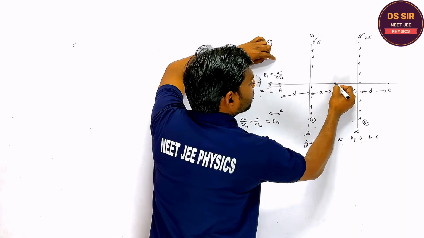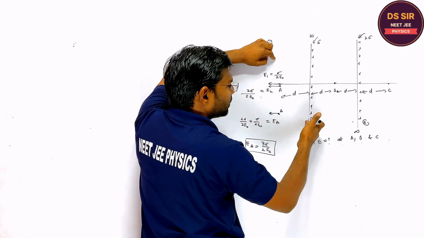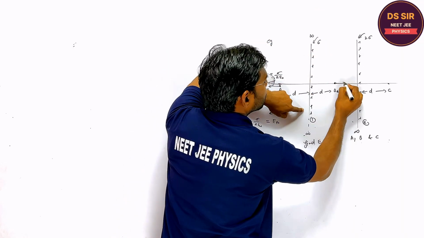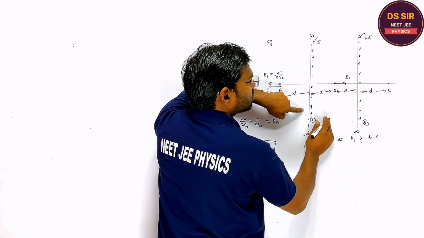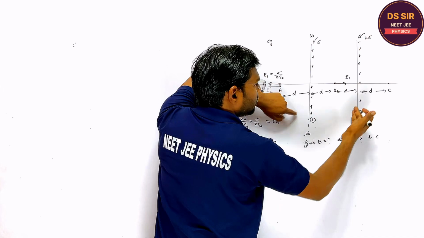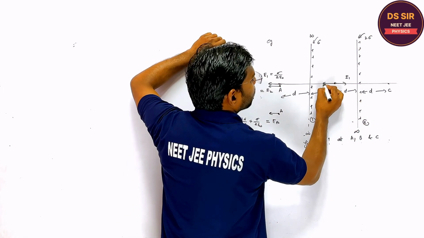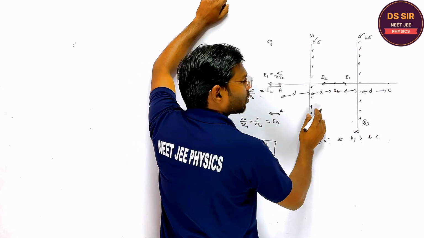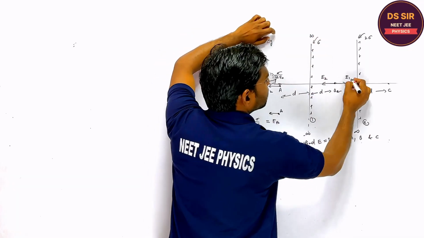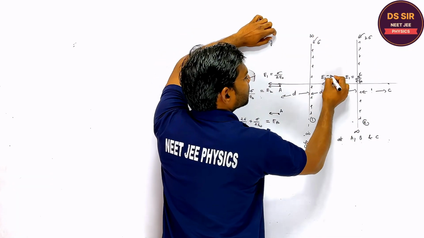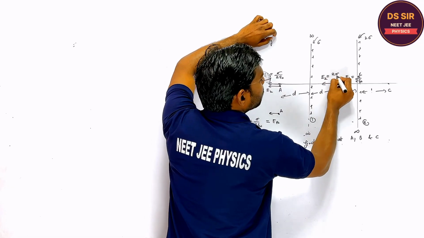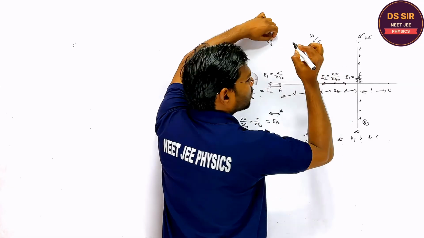Now if you consider the point B, because of the first sheet, the electric field is away from the sheet, and because of the second sheet, the electric field is away from the sheet. Is it clear or not? Because of the first sheet, E1 is sigma upon 2 epsilon naught. Because of the second, the electric field is 2 sigma upon 2 epsilon naught.